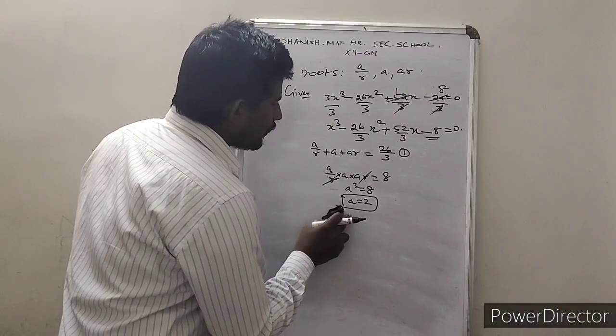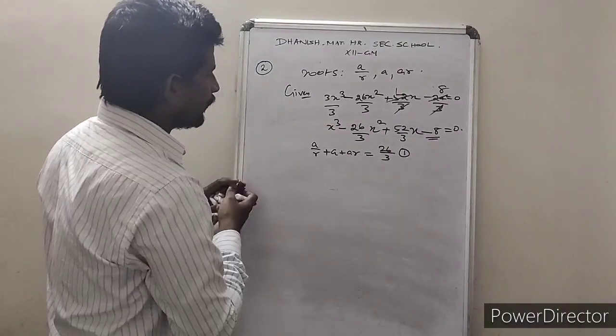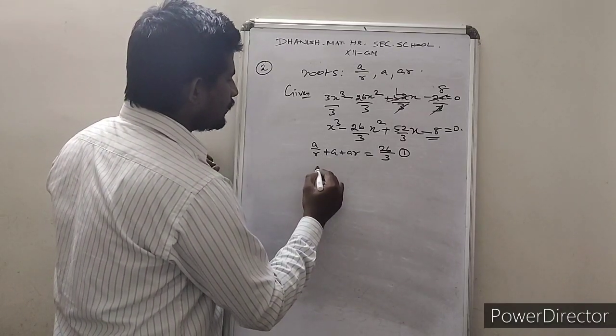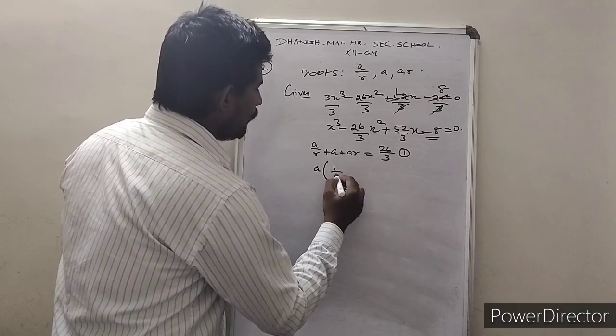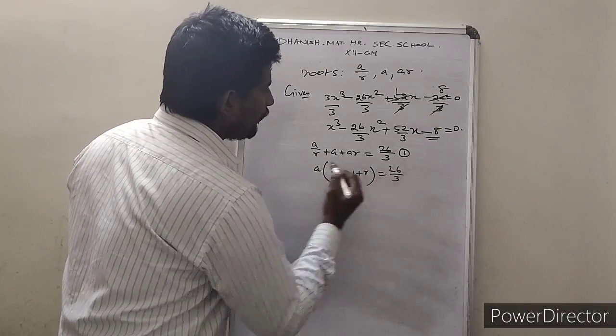Now we can substitute a equal to 2 in equation number 1. We can take a as common, so a into 1 by r plus 1 plus r equal to 26 by 3.